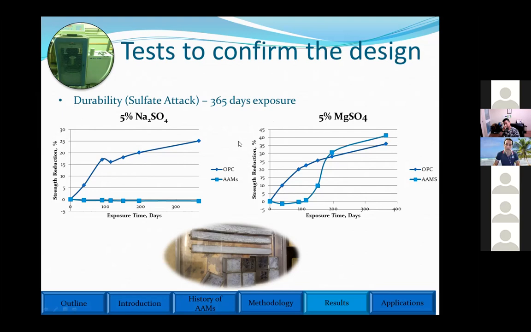So in the soil, if you're pouring a foundation out of alkali activated concrete, and if you're sure that you just have sodium sulfate, it is immune. But if you have magnesium sulfate, you need to think more about it and find a solution for that.